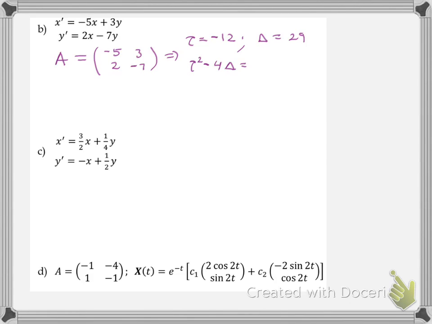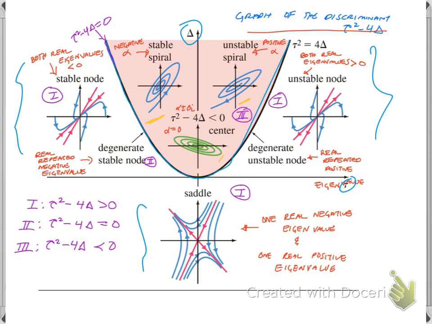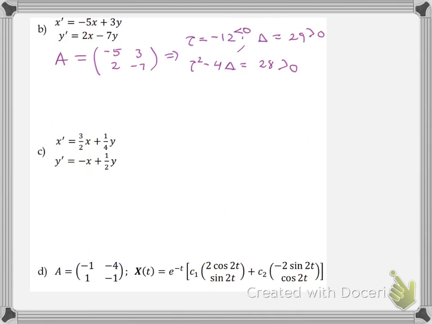But anyway, for B, tau equals -12, delta is 29, and tau squared minus 4 delta is 28. So we have tau less than 0, delta greater than 0, and tau squared minus 4 delta greater than 0. Because tau squared minus 4 delta is greater than 0, I'm going to be in one of the regions involving 1, looking at the Roman numeral, because those represent tau squared minus 4 delta greater than 0.